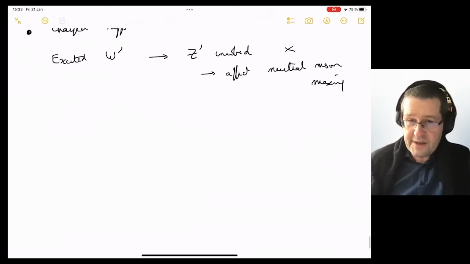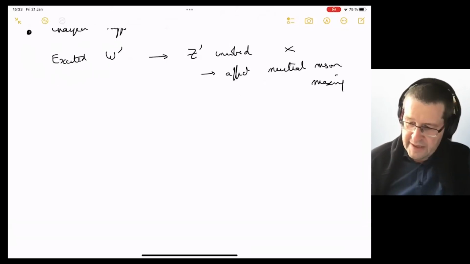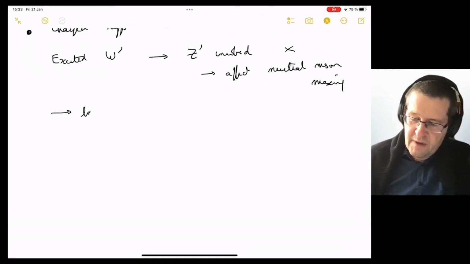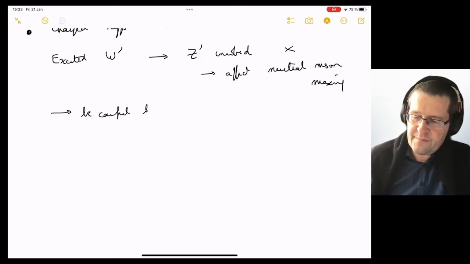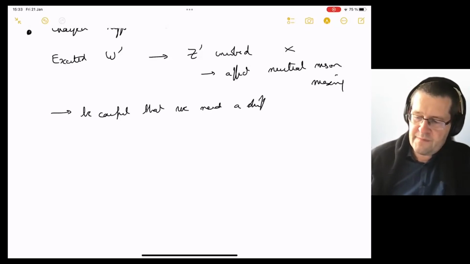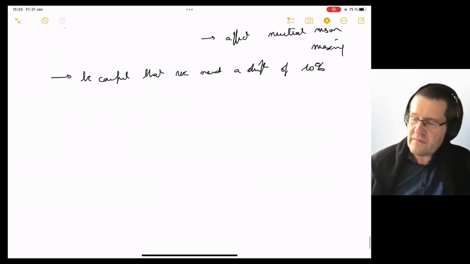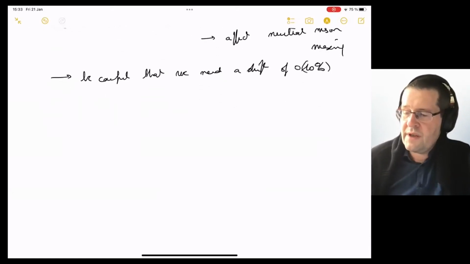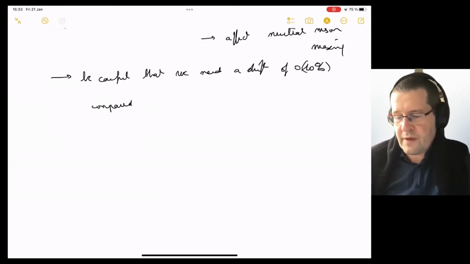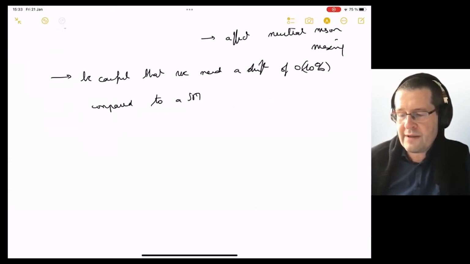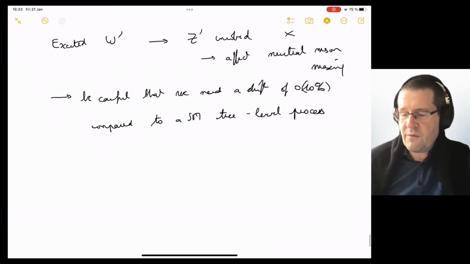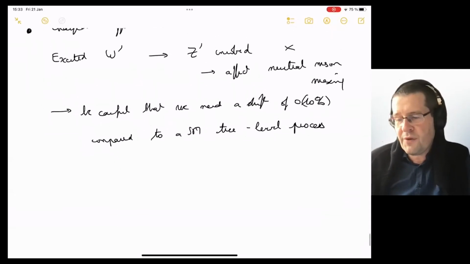One thing that I did not highlight, and that's a good moment to do that, is be careful that we need a shift of order 10%, compared to a standard model tree-level process. So that's something which is not so negligible.